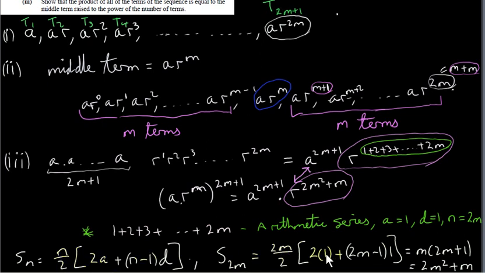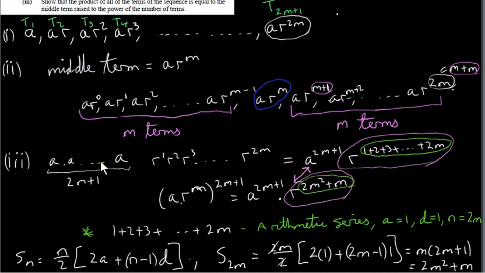For a we put in 1. For d we put in 1. 2m divided by 2 is m. Inside the bracket here we get 2 minus 1, which is plus 1, and we have a 2m. We multiply by m to get 2m squared plus m. So that shows that this series equals 2m squared plus m.